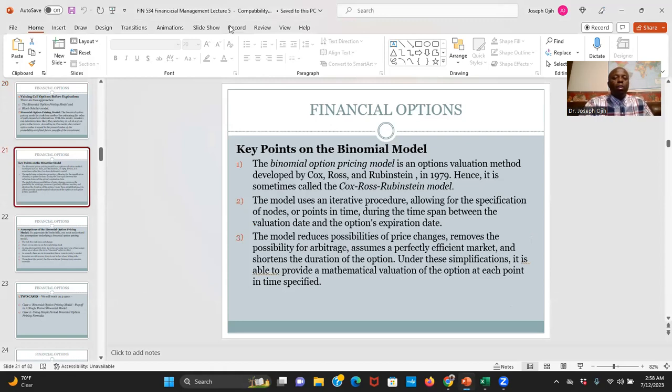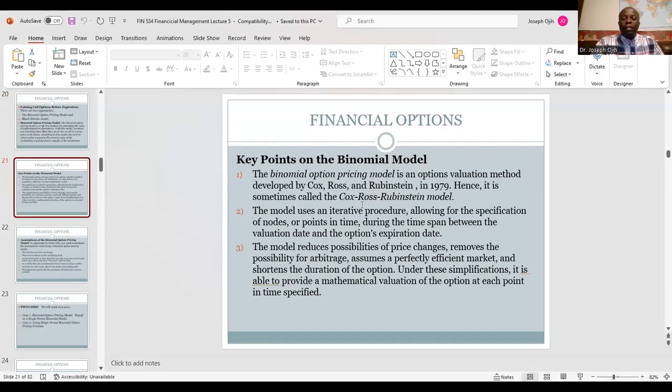Let's see how this works. Before we can do that, we can take a brief look at a few key points about the model. First of all, the Binomial Option Pricing Model is a valuation model that was developed by Cox, Ross and Rubinstein. This is why sometimes it is called the Cox-Ross-Rubinstein model.